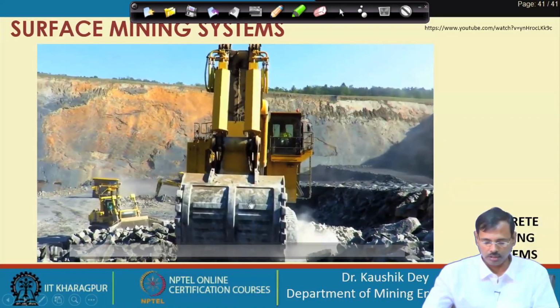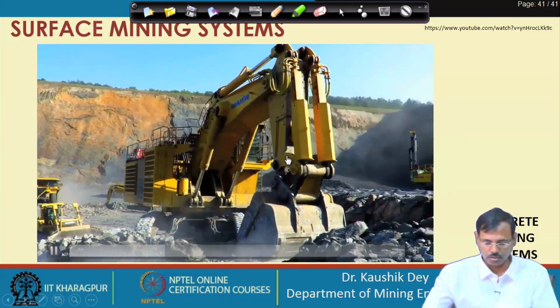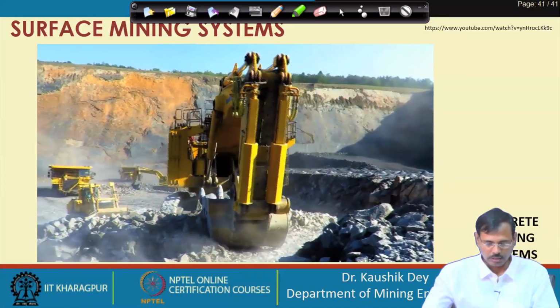And see, after the blasting is carried out, we send our excavator. So, now the excavator is taking out the material.